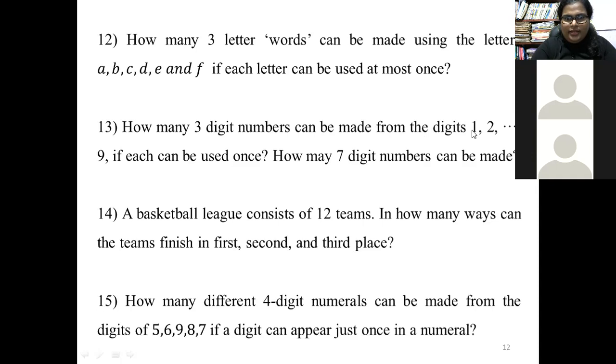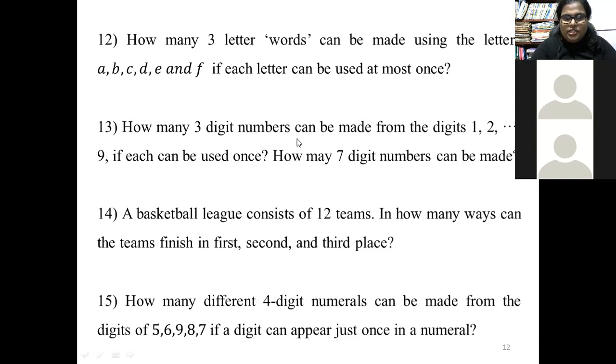I'm discussing the 13th question now. I will discuss these three questions quickly.